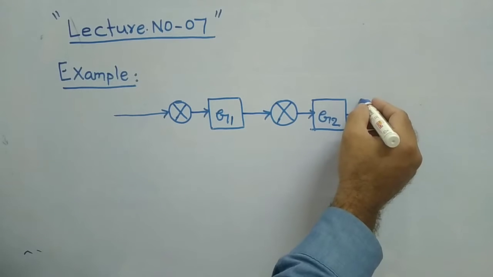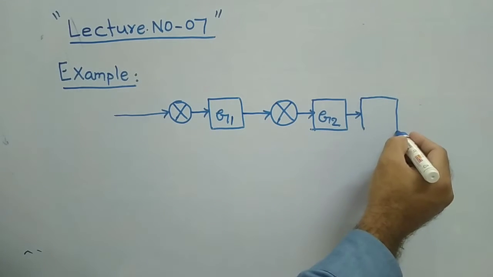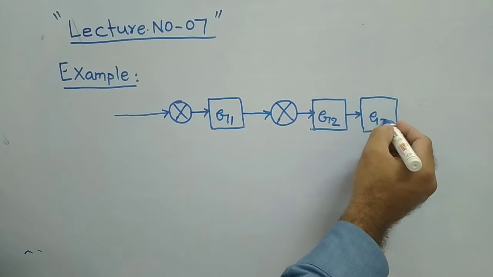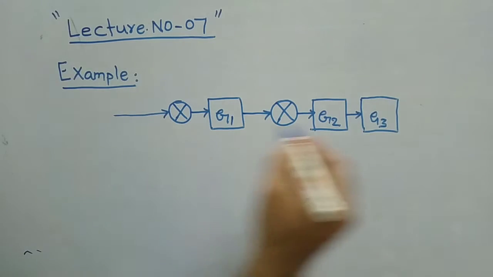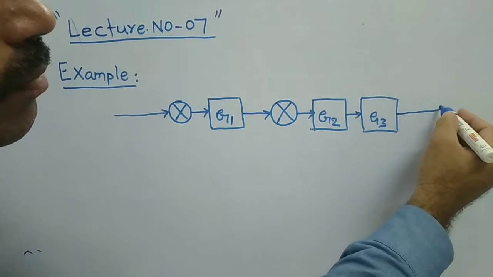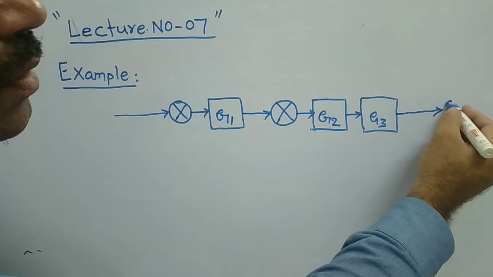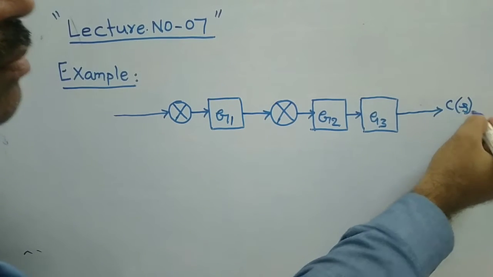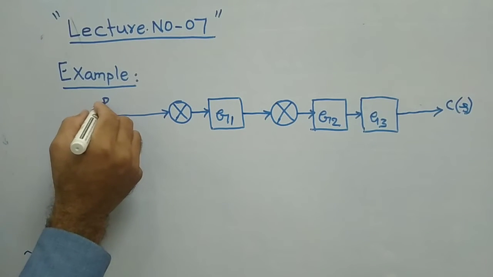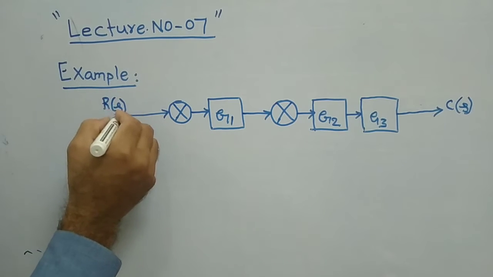Immediately after that you have G3, and then this is your C of S, this is your R of S.